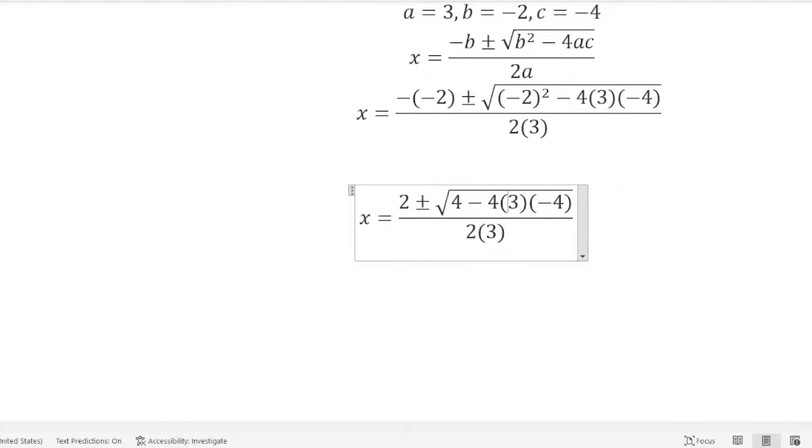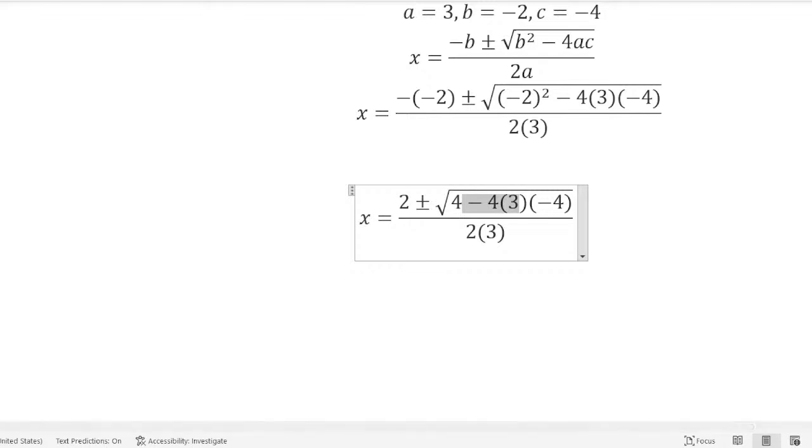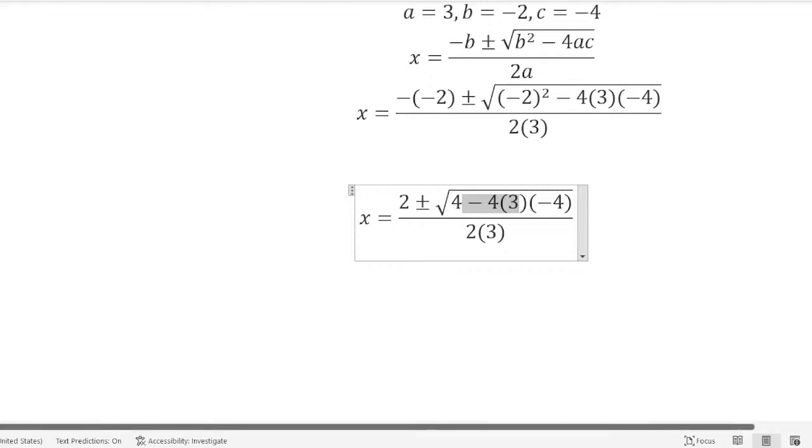Then -4 multiplied by 3, that is -12. Then -12 multiplied by 4, that should be -48. Then we're gonna have plus 48.